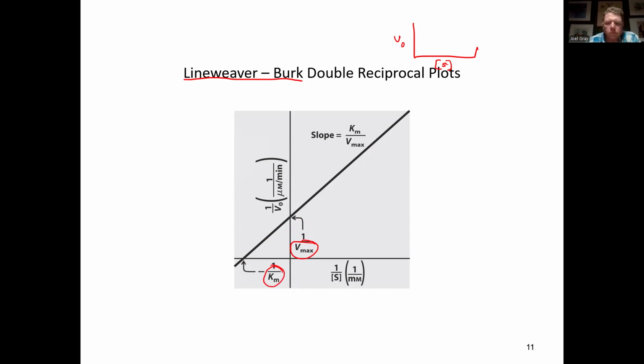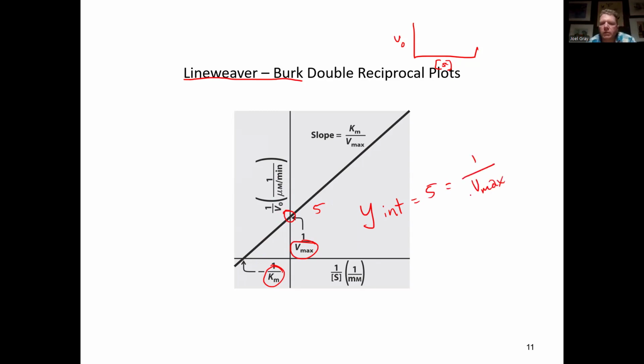Now, being able to process and understand a Lineweaver-Burk or a double reciprocal plot is going to be very helpful for being able to understand enzyme inhibition patterns, which we'll get into in a little while. But for the time being, what I want you to do is look at these axes and look at these intercepts. The y-intercept, whatever value that is, right here. If it's 5, let's say that's 5, that is equal to 1 over Vmax.